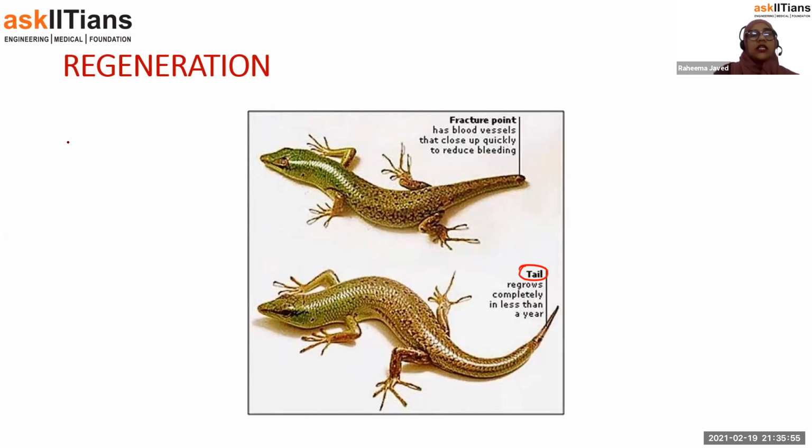In human beings also, there is an organ which is capable of regeneration, and that organ is the liver. This is new information, I think, for you guys. The liver is the easiest organ to find if organ donation is required.